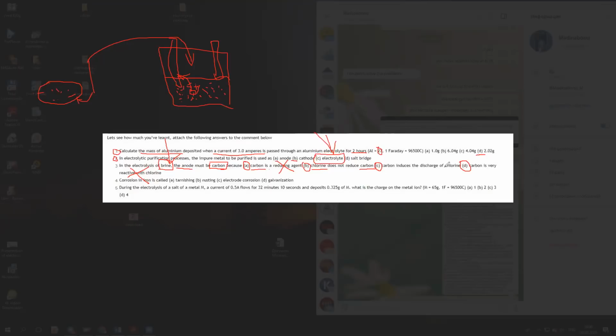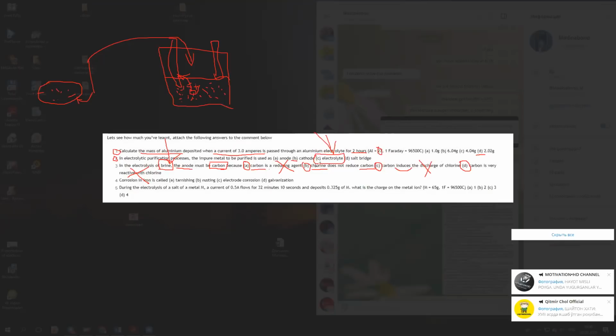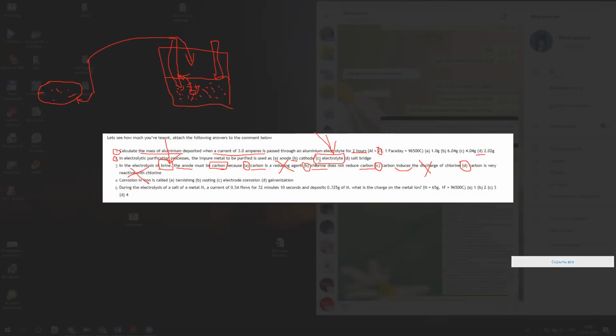If it's an inactive substance, how will it discharge? Yes, it doesn't discharge the chlorine. This answer is correct: the chlorine doesn't reduce carbon. Carbon does not react with chlorine. That's why. Did you get it?